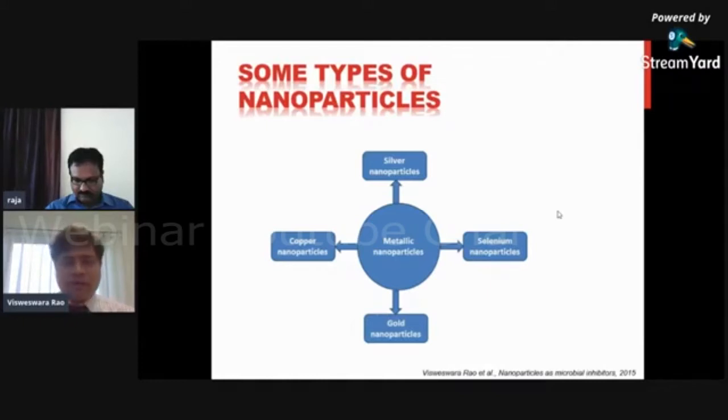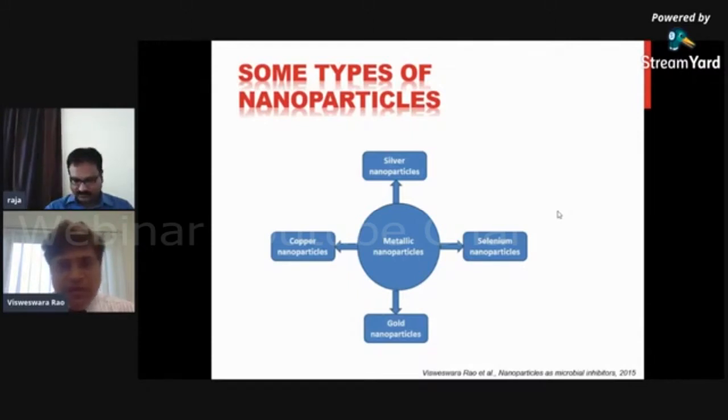Then you have to characterize the nanoparticles through various techniques: UV-visible spectroscopy or a spectrophotometer, then XRD to confirm the structures and morphological sizes.